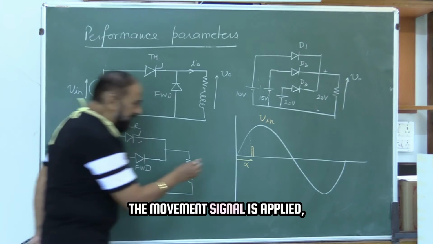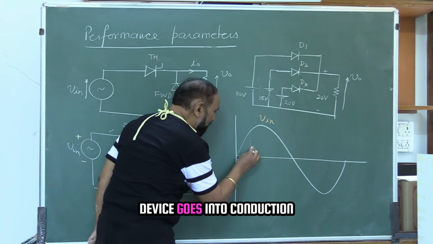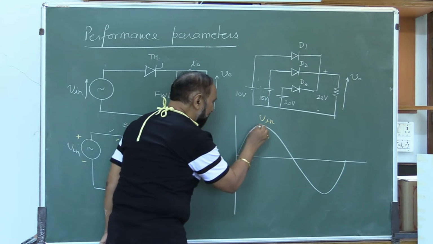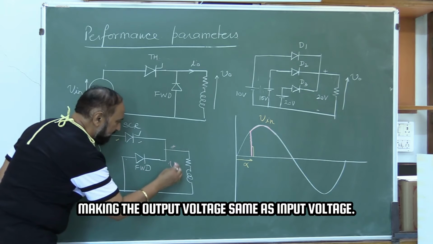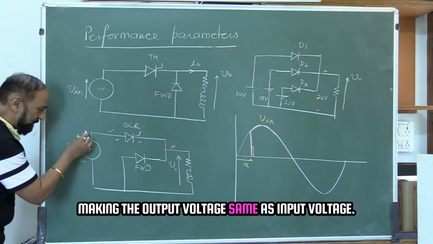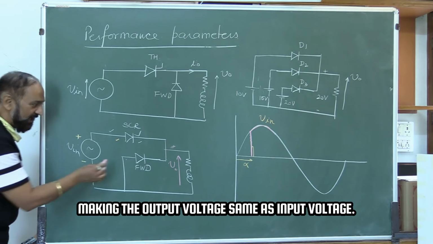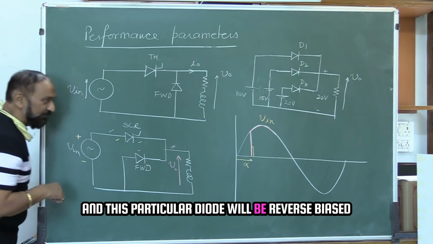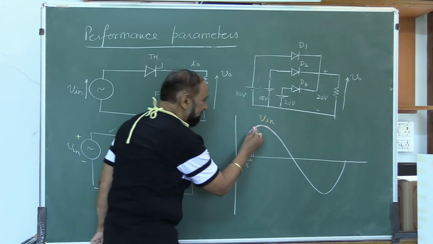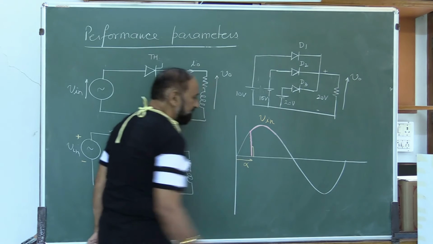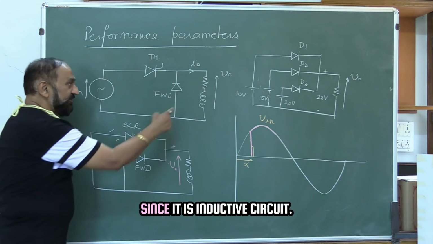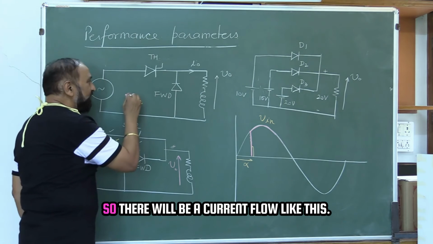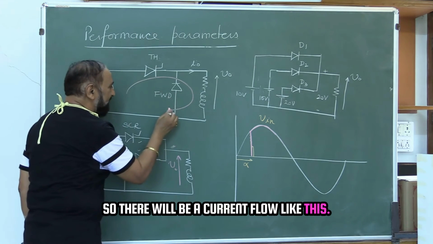The moment the signal is applied, the device goes into conduction, making the output voltage the same as the input voltage, and this particular diode will be reverse biased. Since it is an inductive circuit, there will be a current flow like this.